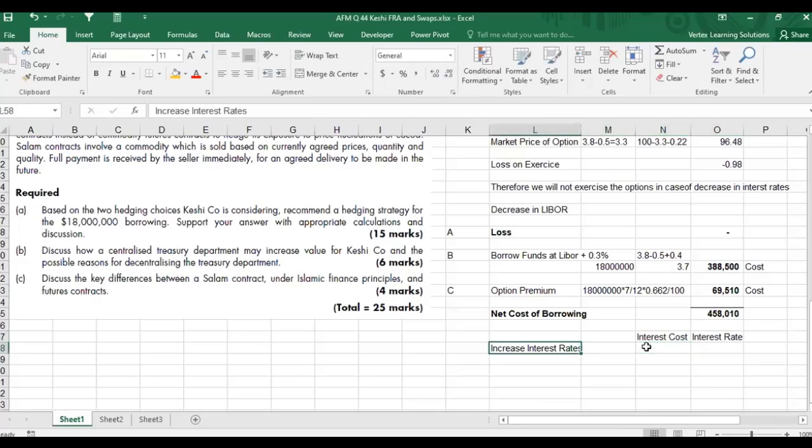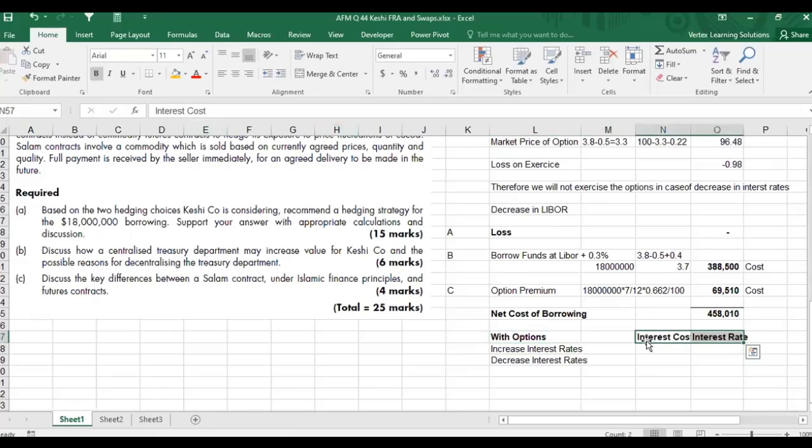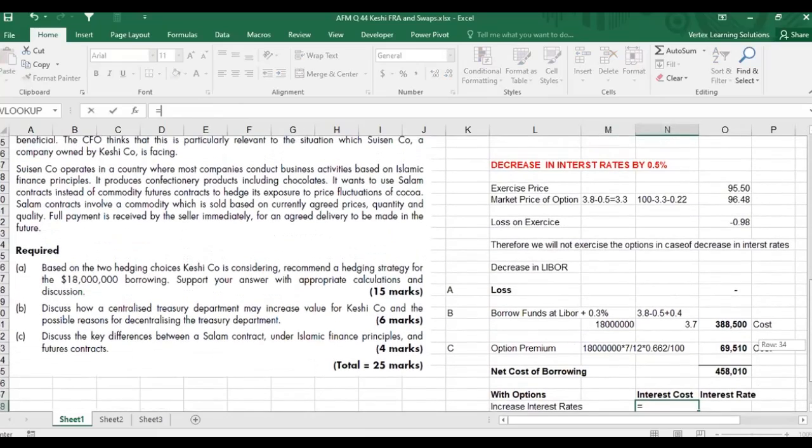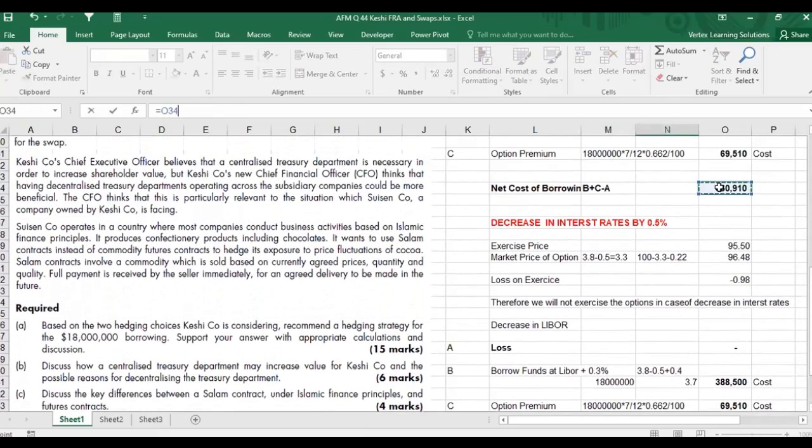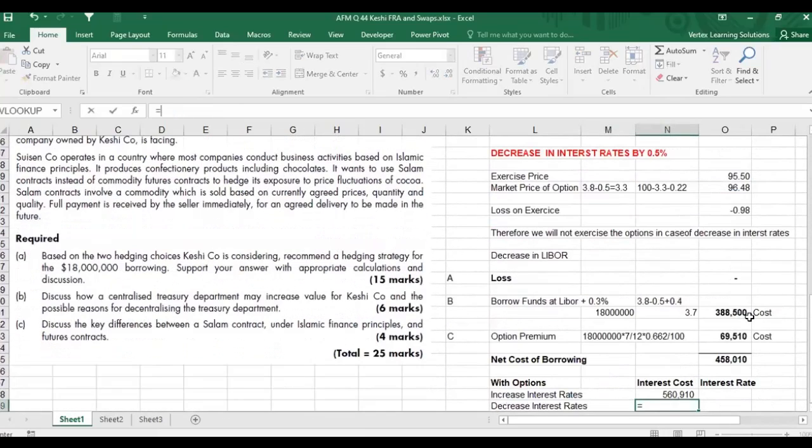And then I say a decrease in interest cost with options. If I have options in my hand, in the market the interest rate may go up or may go down. If interest rate increases, my total interest cost is 560. If interest rate decreases, my cost is 458.